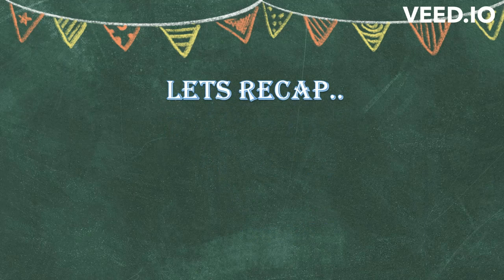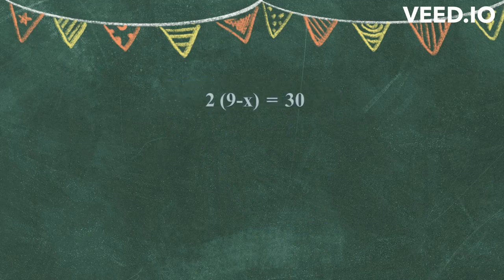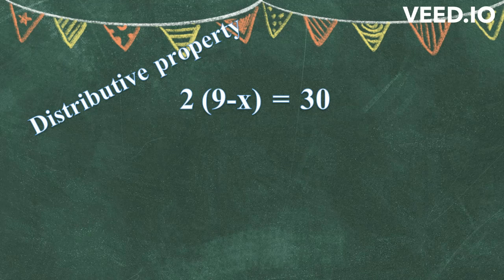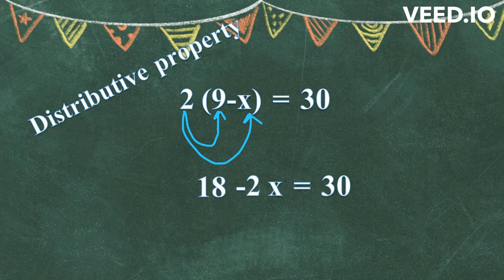Let's recap what properties we have learnt. See, we have 2 times (9 minus x). In distributive property, what we do is 2 times 9 minus 2 times x equals 30, which is 18 minus 2x equals 30.